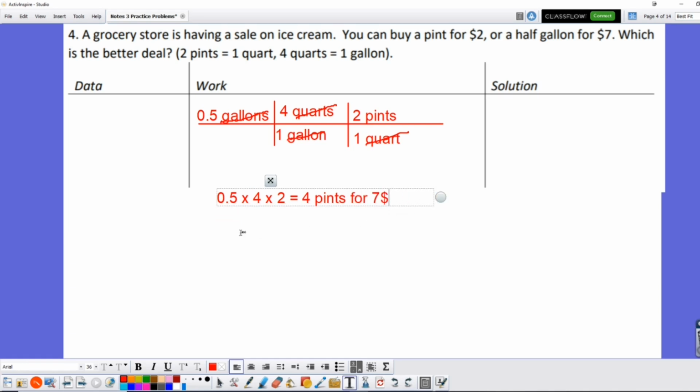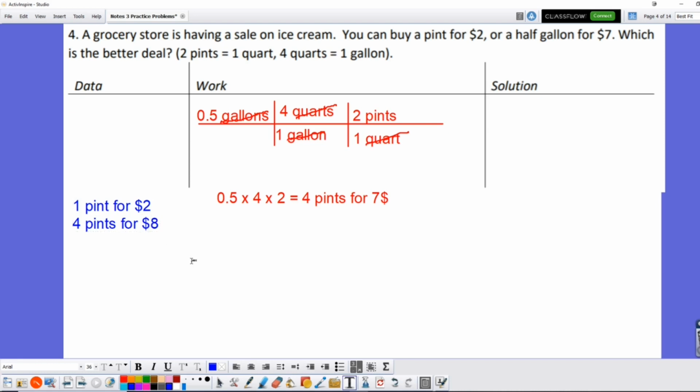This is the big size. For the smaller size, let me differentiate that with a different color. Let's do blue here. The smaller size was 1 pint for $2. Many of you are already seeing the connection here. If I need to get to 4 pints, how much is that going to cost me? Multiply both sides by 4. I end up with 4 pints for $8.